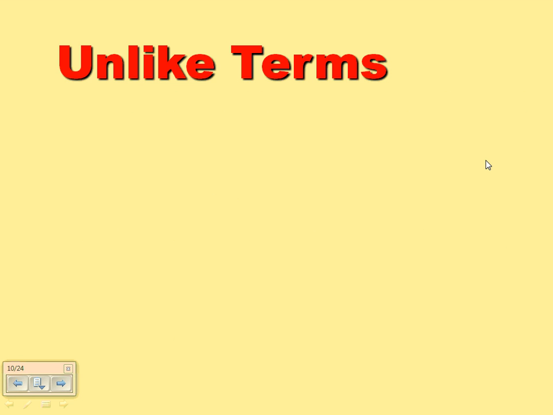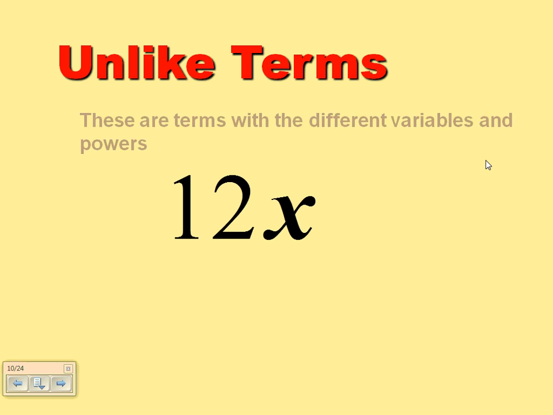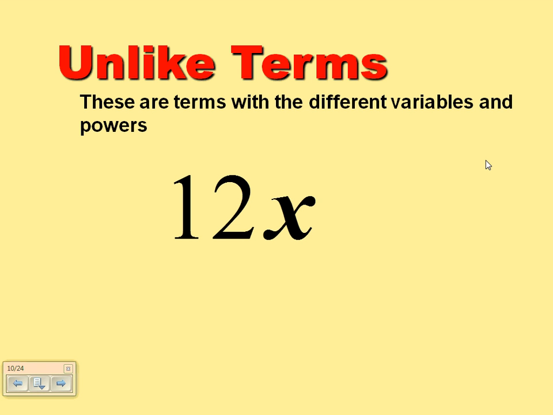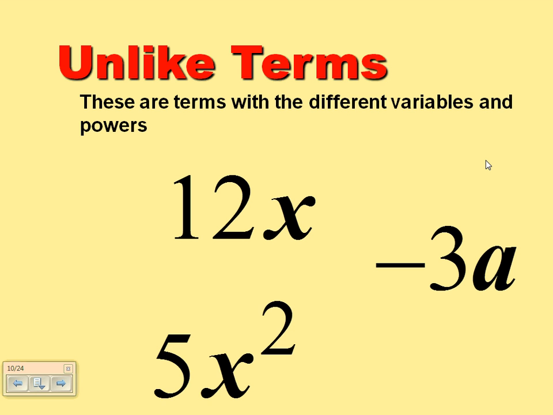Now for unlike terms, these are terms with different variables and powers. So you see 12x and negative 3a, these are unlike because they have different variables. Just like 5x squared. A lot of people wonder, why is 5x squared different from 12x? Why are they not like?